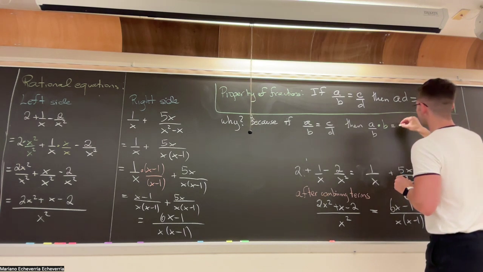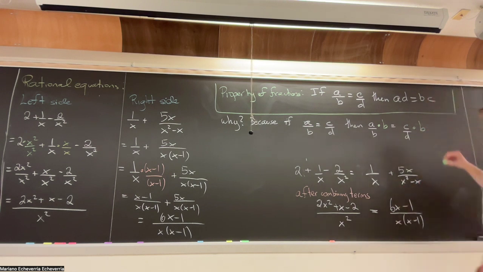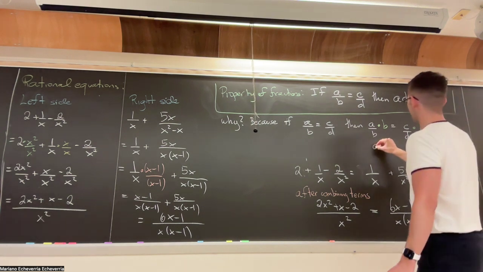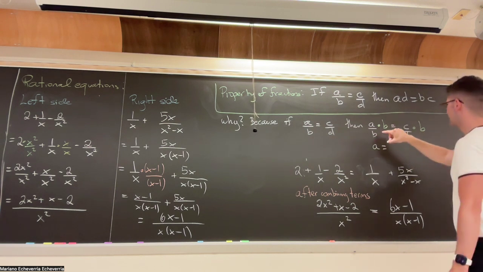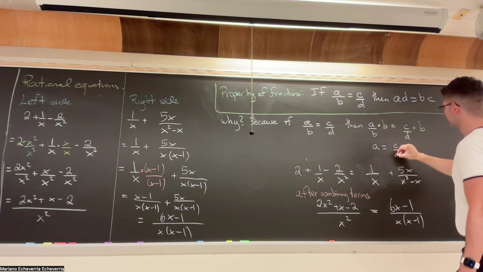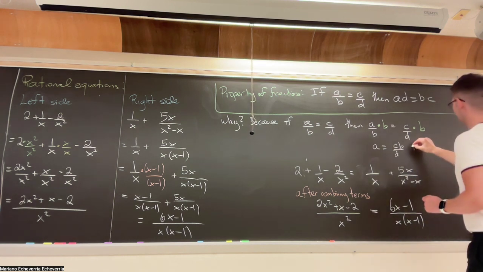You can multiply both sides of the equation by the same number. So you multiply both sides by b. What happens after you do that? This b now appears top and bottom, so it goes away. So you get a equals c over d times b. And then to get rid of the second denominator, you multiply both sides by d.